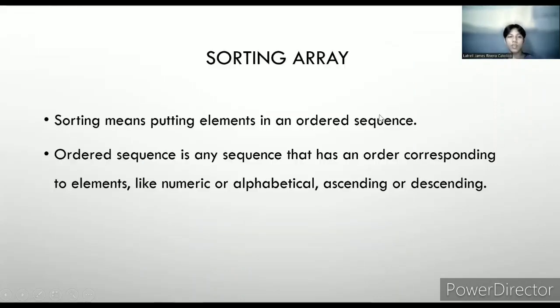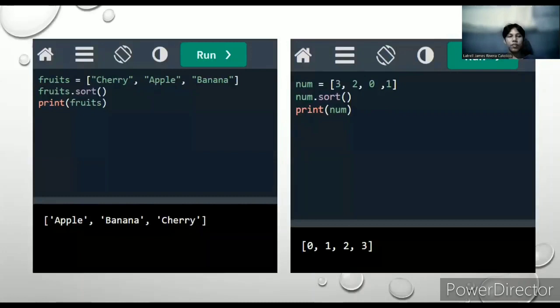Next, sorting an array. Sorting means putting elements in an ordered sequence. An ordered sequence is a sequence that has an order corresponding to the elements, like numeric or alphabetical, ascending or descending. For example, here we have a variable named fruits equal to cherry, apple, and banana.